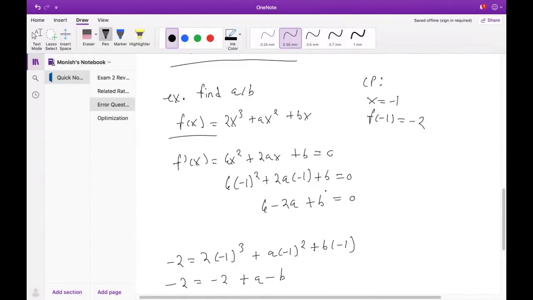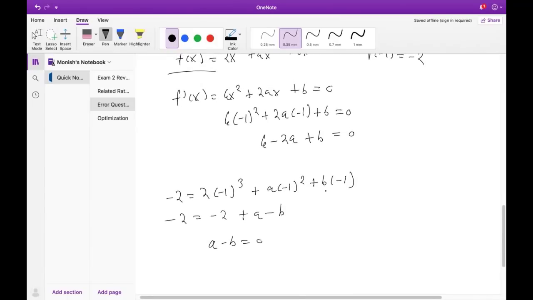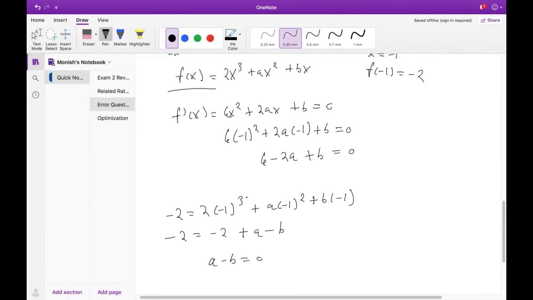Based off of this one, we said A is equal to B, so then 6 minus 2A plus A equals 0, so negative A equals -6, so A equals 6.